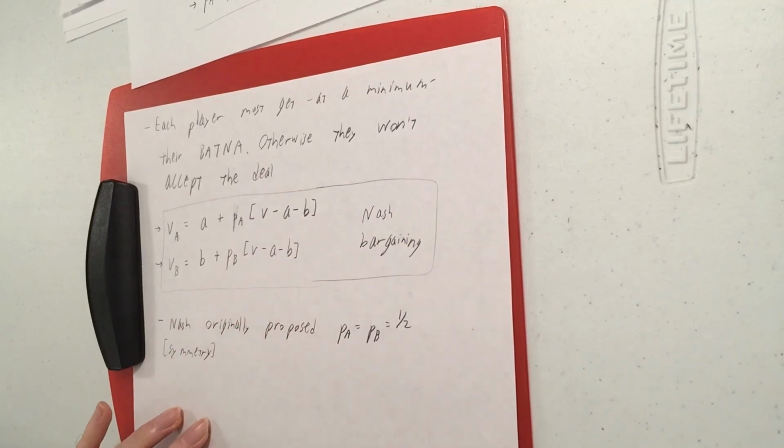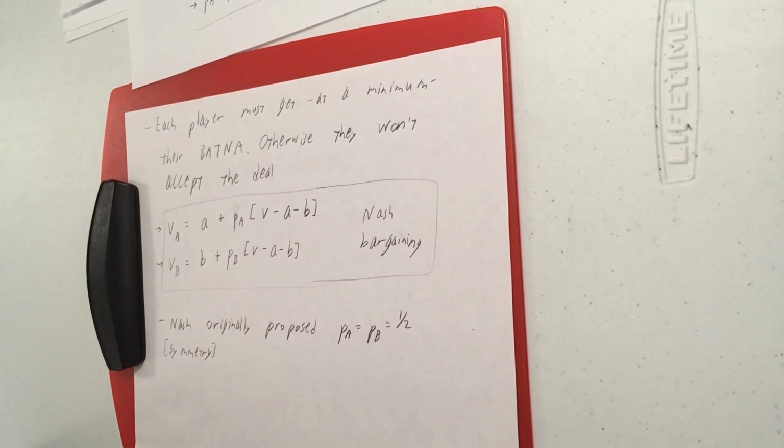However, the results were then generalized to realize that PA and PB could be anything between 0 and 1, so it doesn't have to be just half. It doesn't have to be an equal division of the surplus.